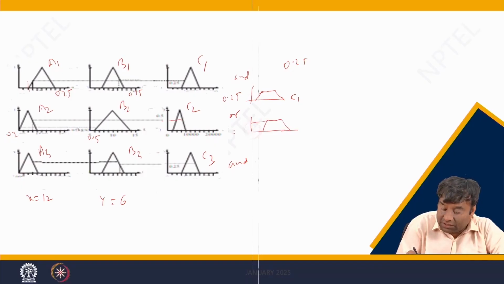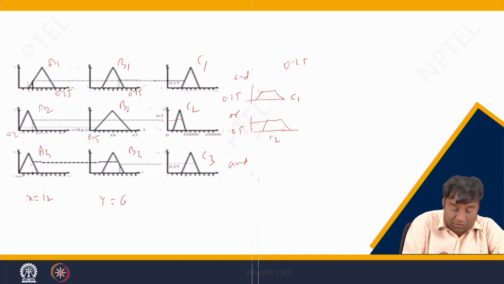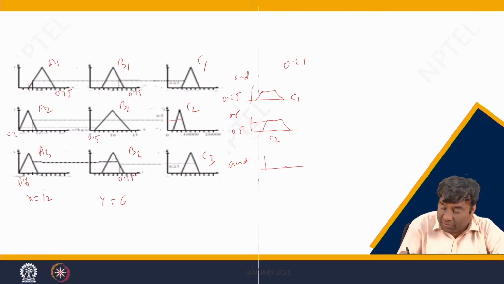So this height is 0.5 for C2. Again here, we are assuming this is 0.6, and we assume this is 0.25, so we'll take the minimum value, so that is 0.25.